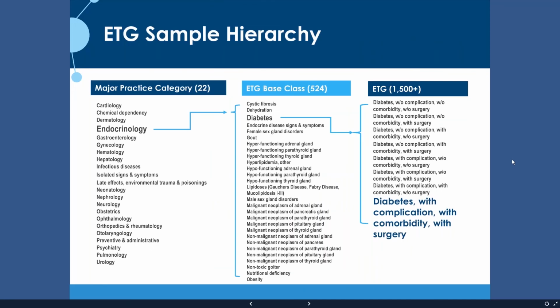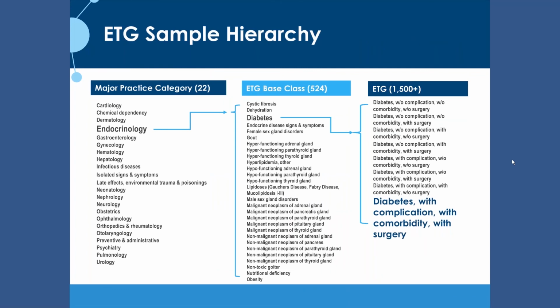And so here's an illustration of what the hierarchy might look like. If we look to the left, we have 22 major practice categories. Those align with the clinical pathways. So you can see there's cardiology, there's rheumatology, there's preventative, urology, etc. For this particular example, we're focusing on endocrinology or endocrine.